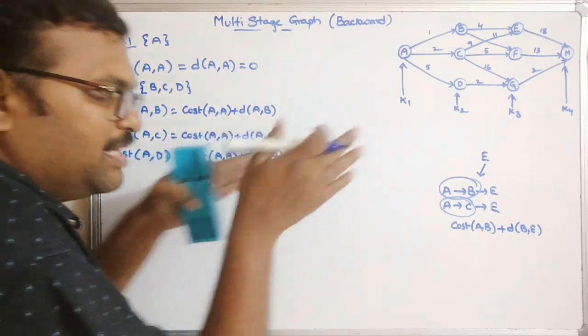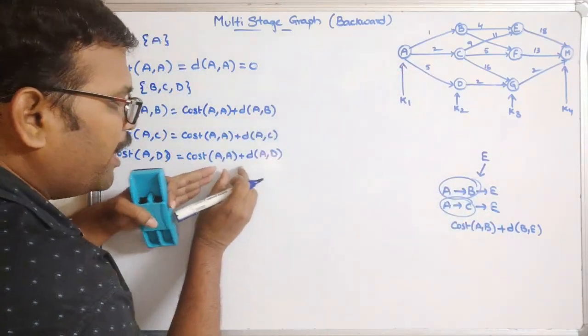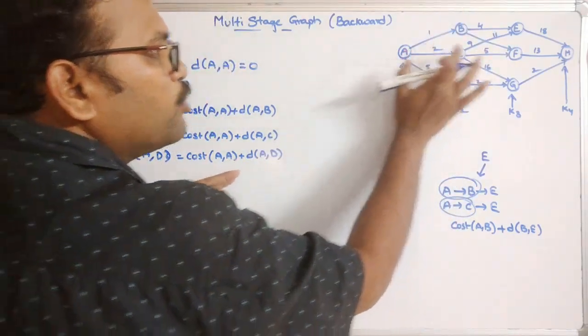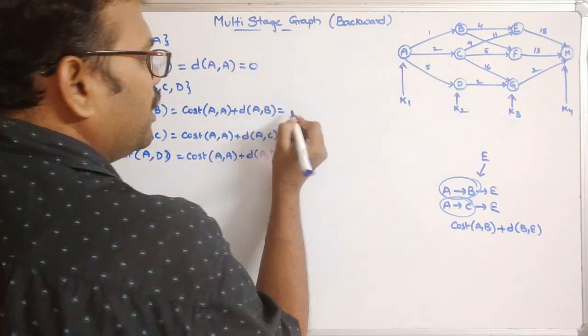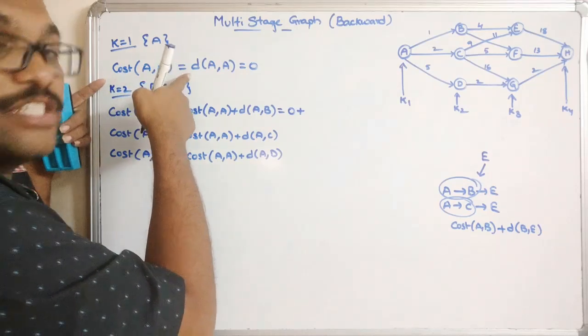In the same way, now we are at A, so the cost of A to A plus A to B, cost of A to A plus A to C, cost of A to A plus A to D. Cost of A to A is 0, which is already computed in our previous stage.